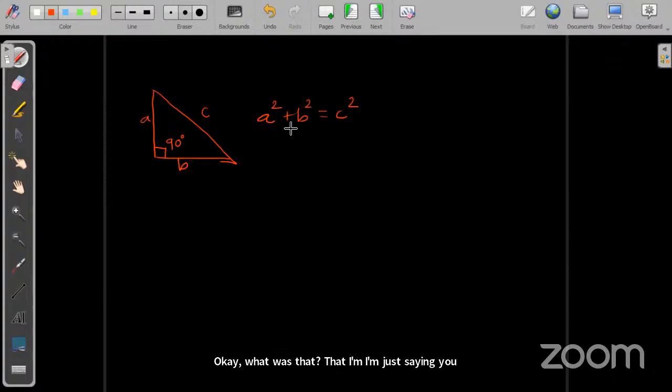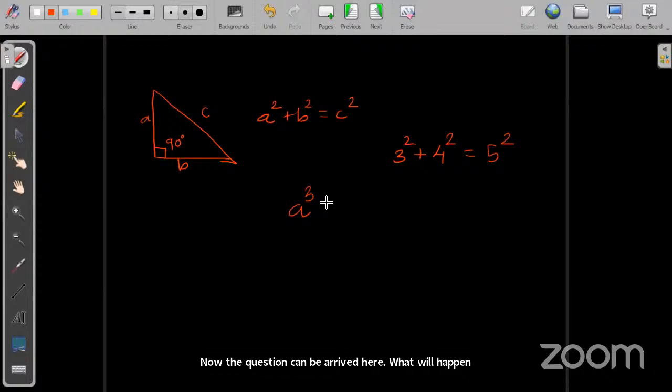There are certain numbers which satisfy this equation. For example, 3 square plus 4 square is 5 square. So 3, 4, 5 satisfies the equation a square plus b square equals c square. Now the question can arise: what will happen if a cube plus b cube is equal to c cube?